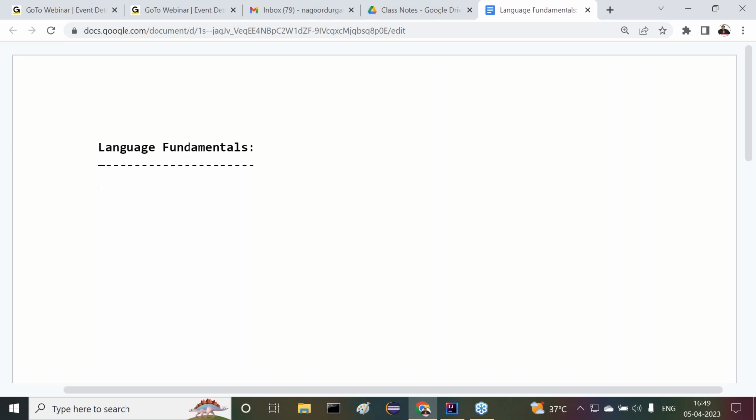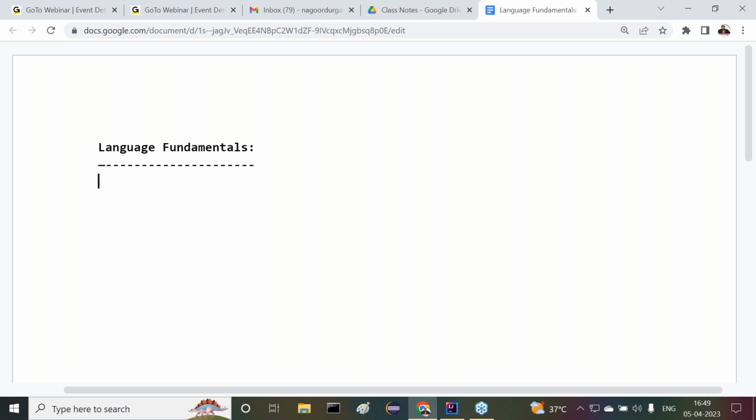Got it or not? The features which are provided by the Java programming language by default to prepare our applications, those inbuilt, predefined features, are called language fundamentals, the basics of the programming language, the fundamental units of the programming language.